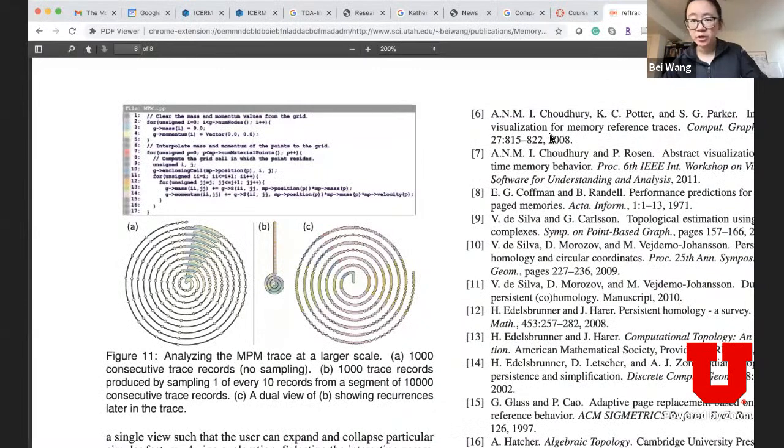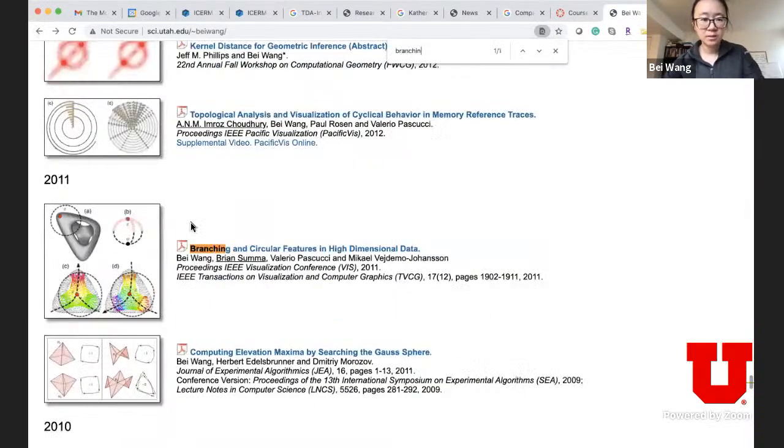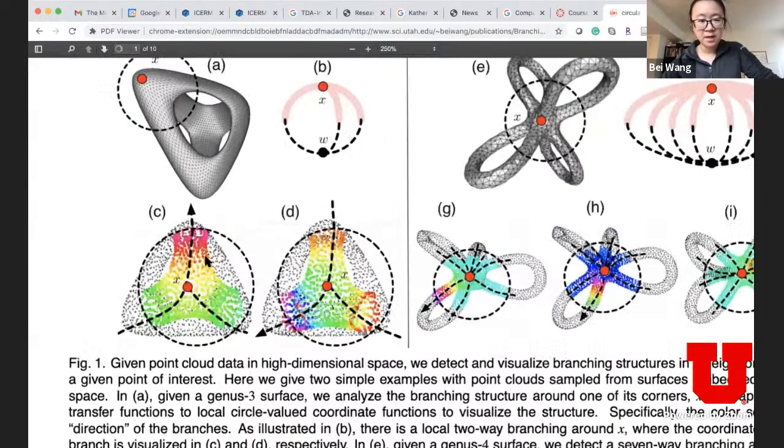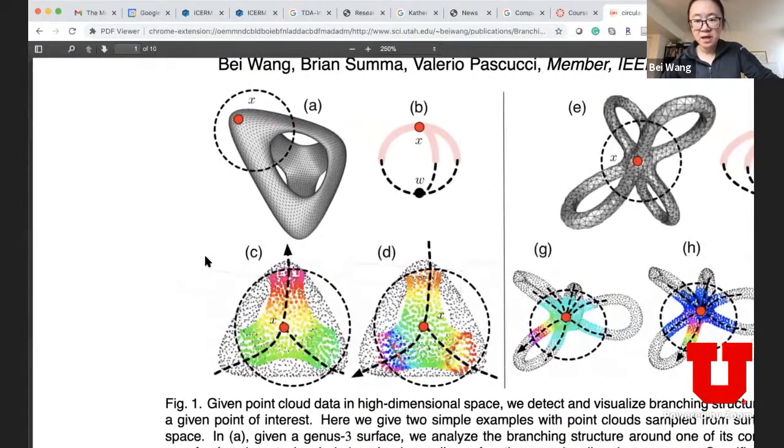Let me share this. I just want to show you one example. This example is using the same framework of cohomology, but the focus is not the loopy structure any longer, but the branching structure.